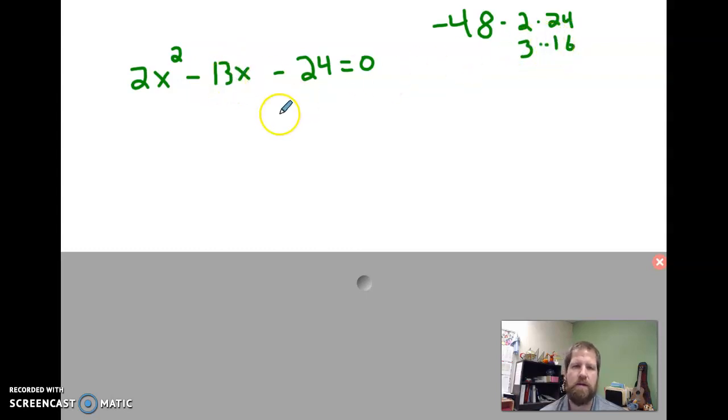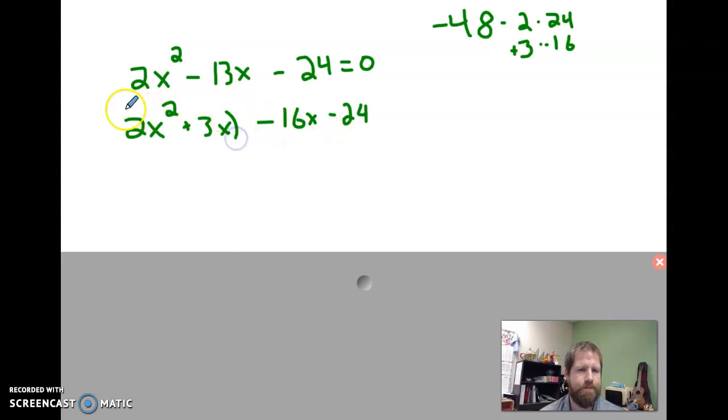So that's the 2 I'm looking for. So I've got my 2x squared, and then I'm going to go with positive 3x, and then have a negative 16x minus 24, and have those be my two groups.